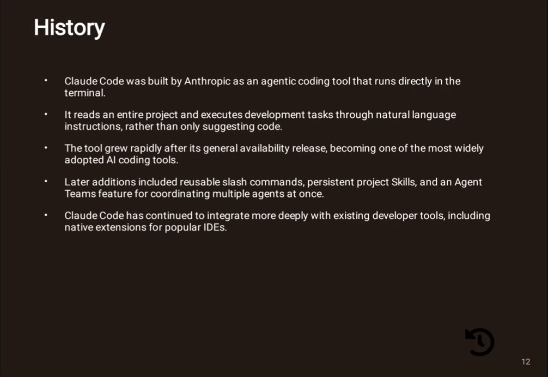Later additions included reusable slash commands, persistent project skills, and an agent teams feature for coordinating multiple agents at once. Claude Code has continued to integrate more deeply with existing developer tools, including native extensions for popular IDEs.